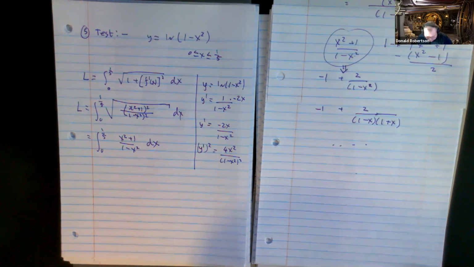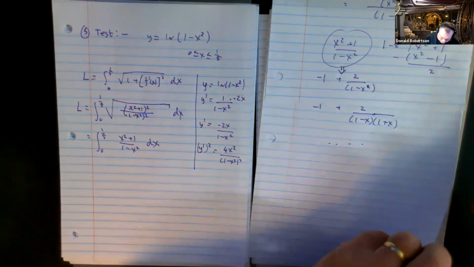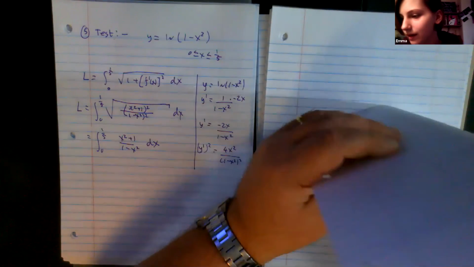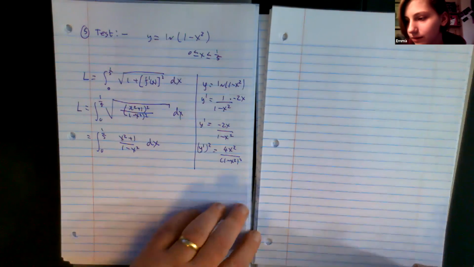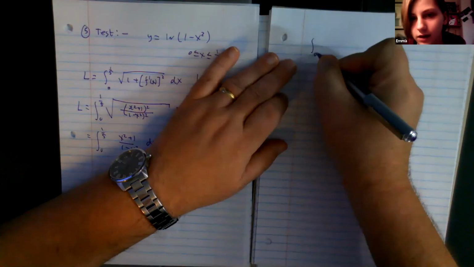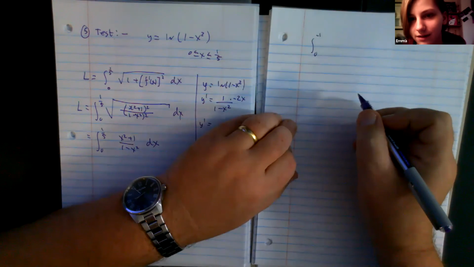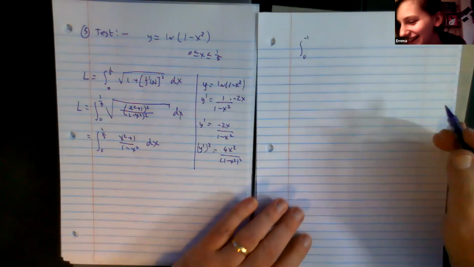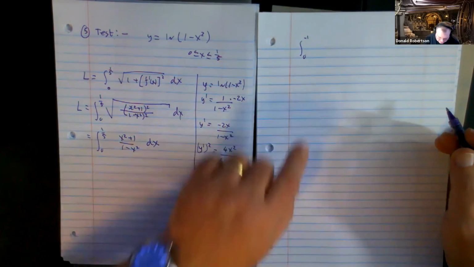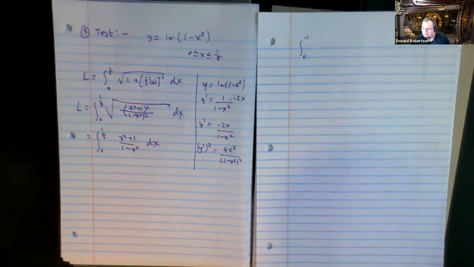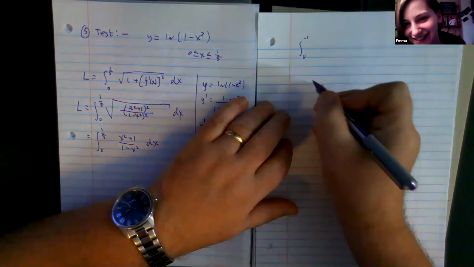Right, Emma, you got a question now. We'll do yours. Okay. It's the integral from 0 to -1. Are you sure that's the right way? Because it should be negative 1 first. I said it wrong.